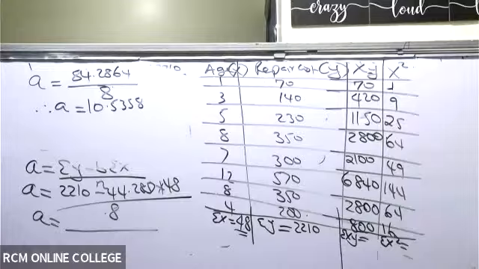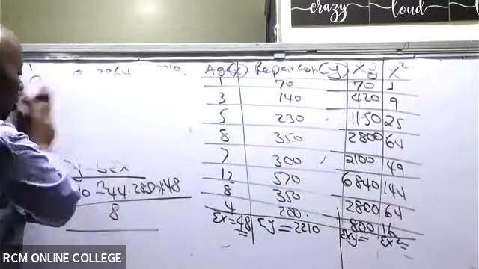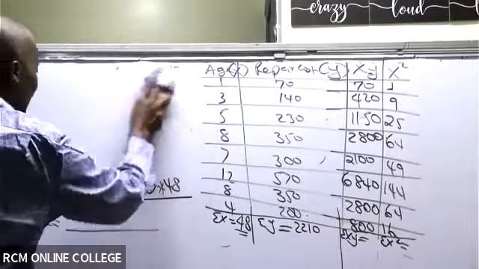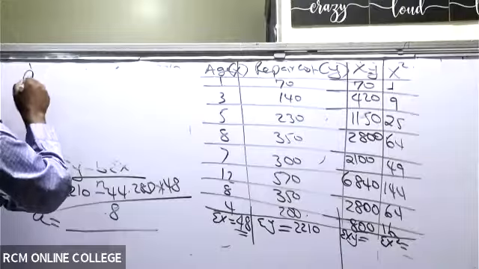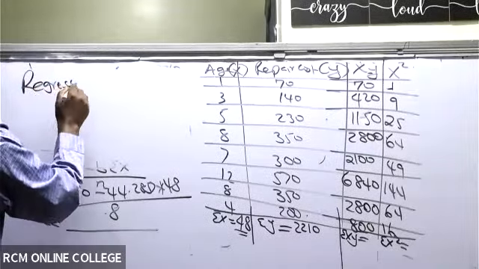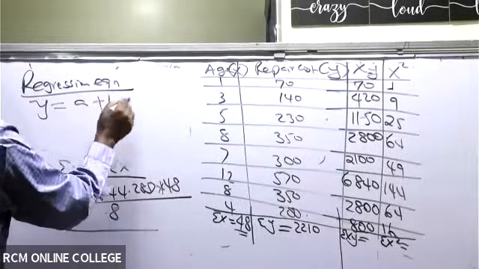All right. So ladies and gentlemen, in this case we should be able to write what we call the regression equation. Remember that our regression equation is y equals a plus bx.